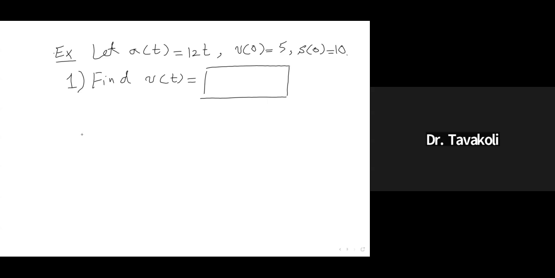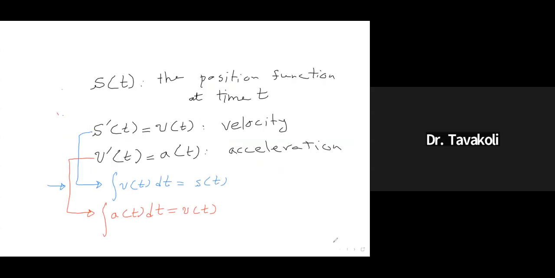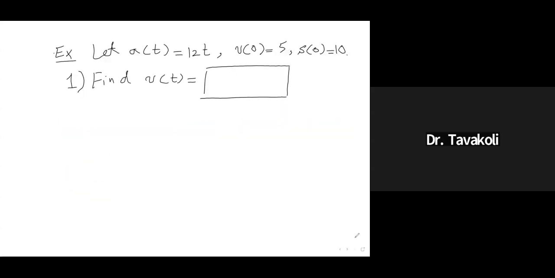Keep in mind that v of t is the integral of a of t, like here. So v of t is the integral of a of t, which is given as 12t.